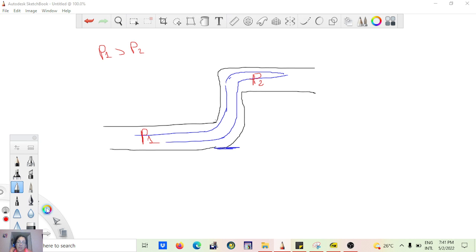Or you can think that if you think of a volume of fluid here, it's gaining potential energy. That's because work has been done on it by the pressure here, and pressure is just force per unit area. So you have more force in this direction than in this direction, so there is a net force to the right.